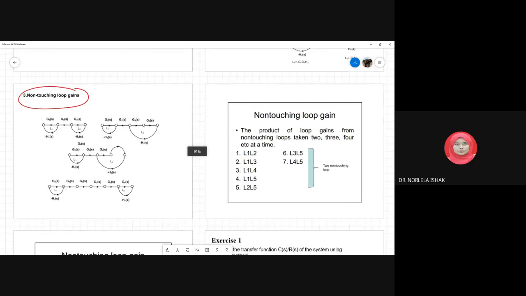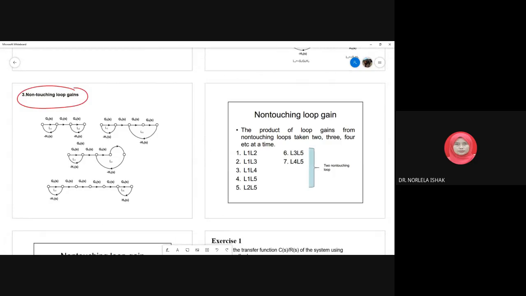Okay, meaning first you have to compare L1 and L2, meaning taken 2, because when you show here non-touching loop gain, first you compare 2, 3 and etc. Okay, first you have to compare 2 loop at one time.